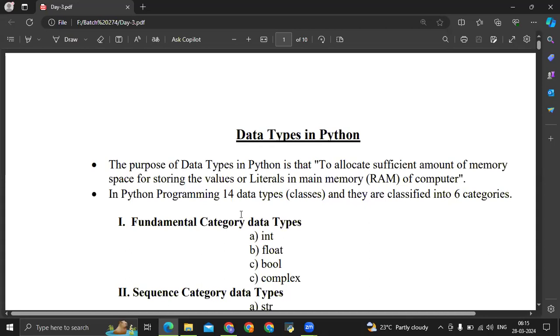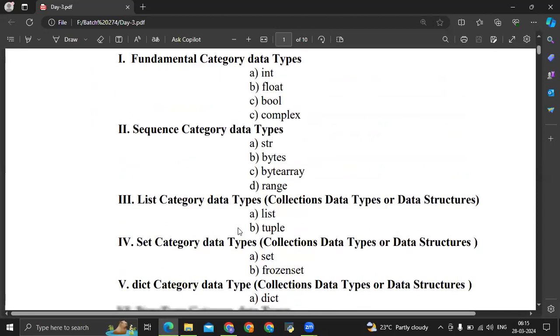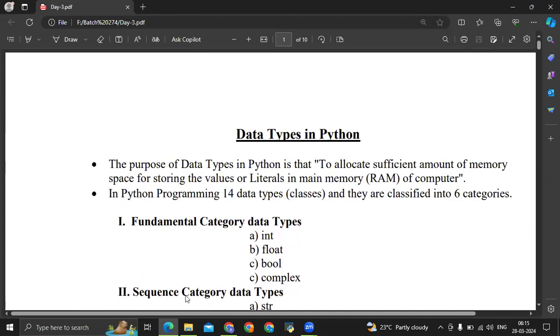The first category is the fundamental category data type, then the sequence category, list category, set category, dict category, and the none category data type. So we have six categories and 14 data types.